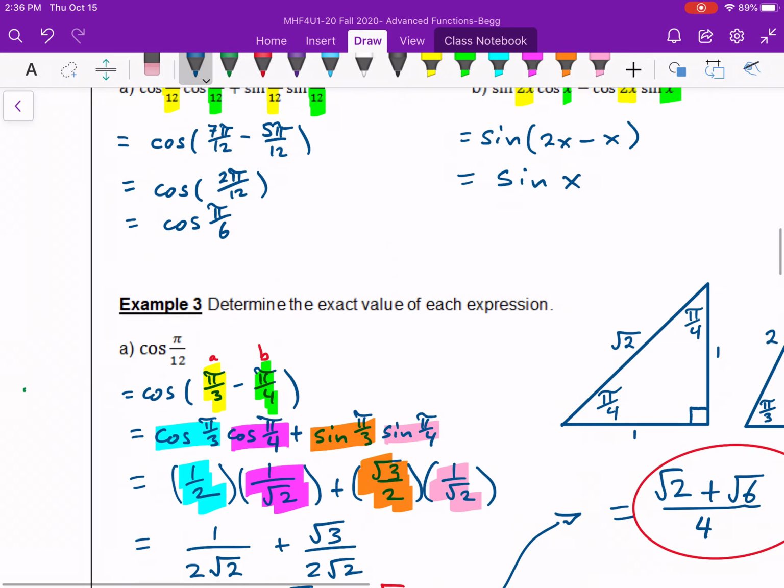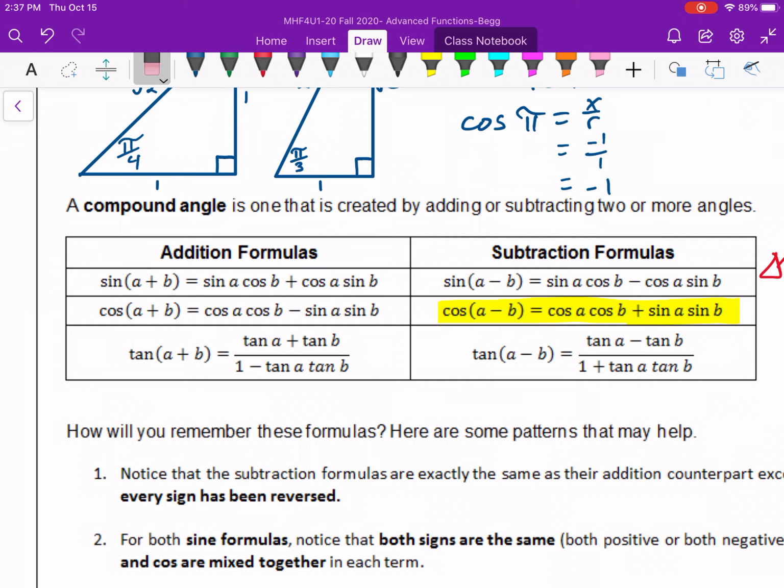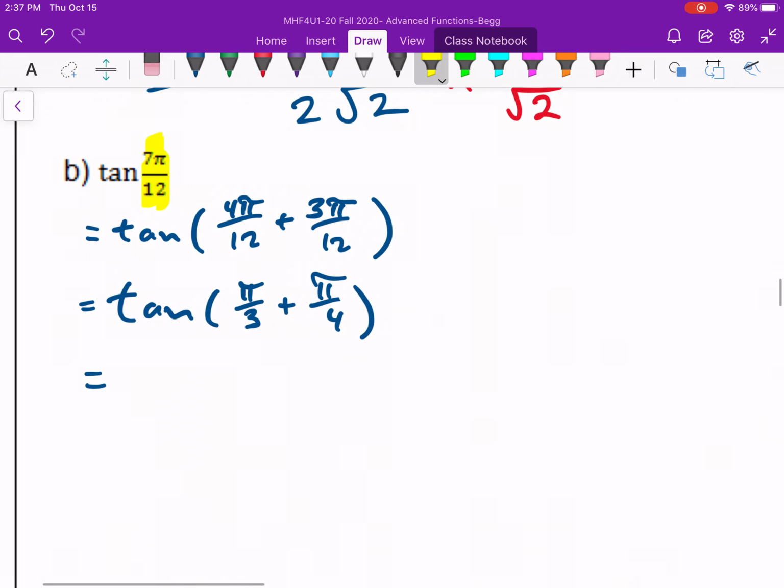So we're using tan and we're using addition. When we do that, tan combined with addition would be this one here, tan a plus tan b over 1 minus tan a times tan b. Once again, we have to be clear on what we're thinking of as a and b.